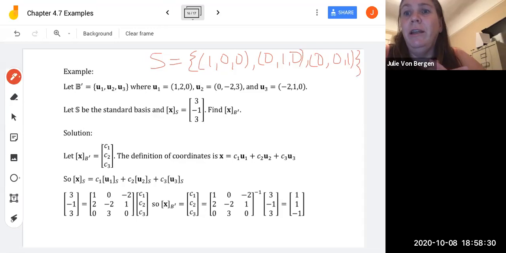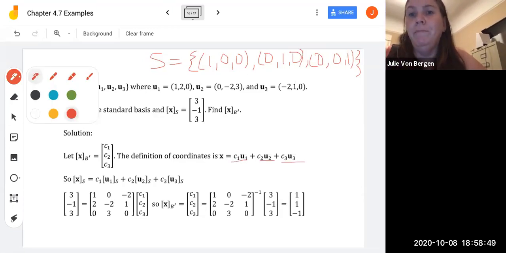Okay, so our solution is we're going to let x relative to B prime be the scalars C1, C2, C3 that we're going to solve for. So then the coordinates is going to be C1 times U1, C2 times U2, and C3 times U3 after we do our multiplication through.